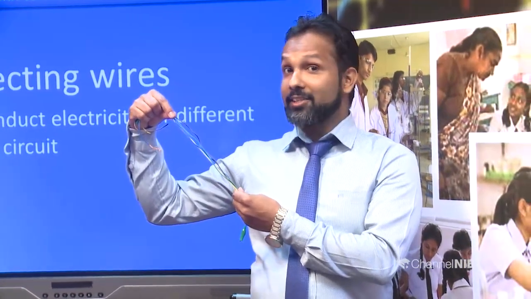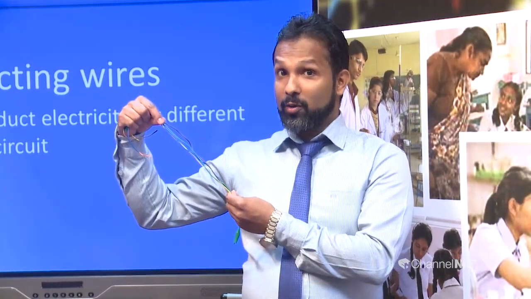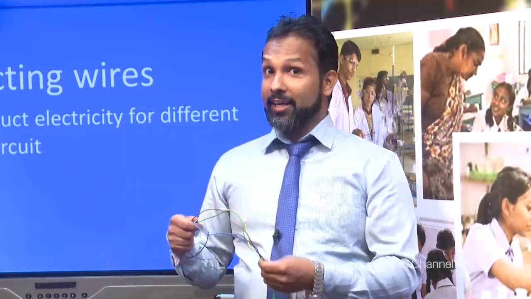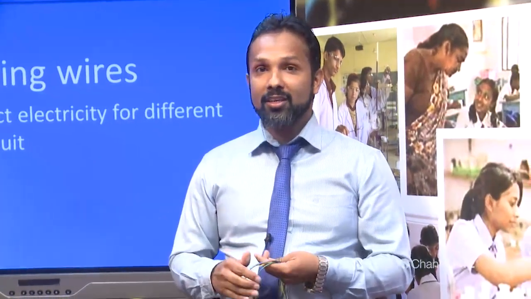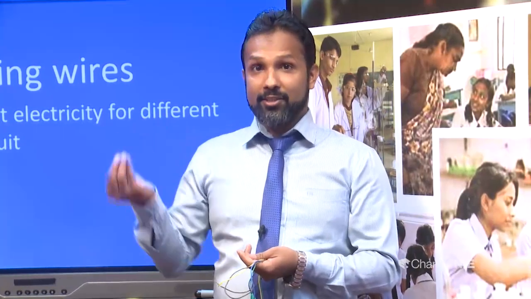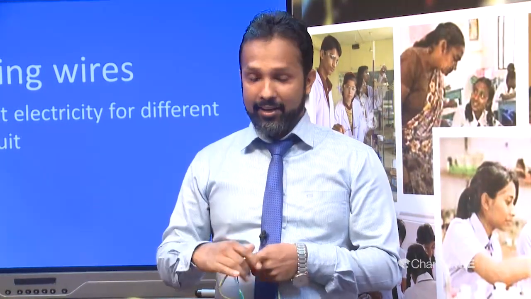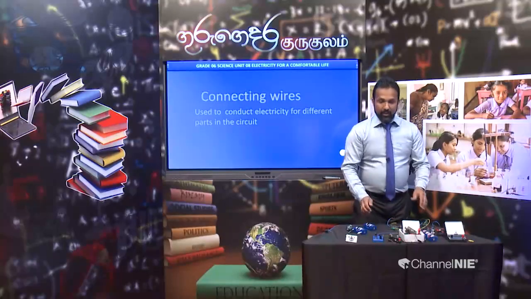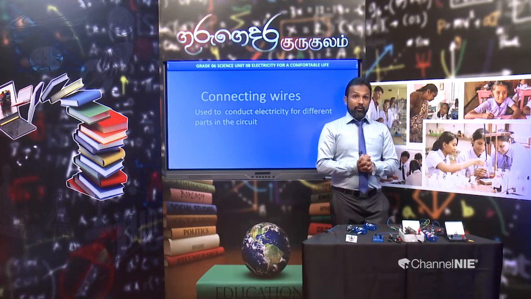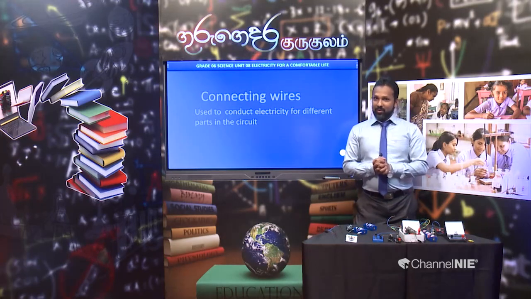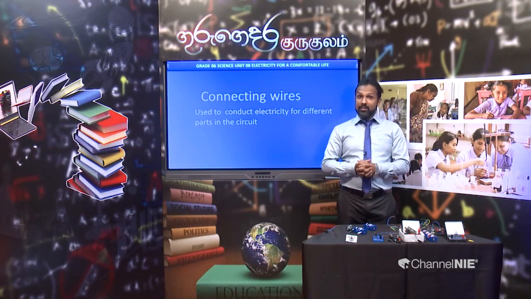But you know, my dear children, when you think about some advanced circuits, we have to use connecting wires of different sizes, larger diameter, right? Then I am going to ask you a question again. What's the purpose of using these connecting wires?